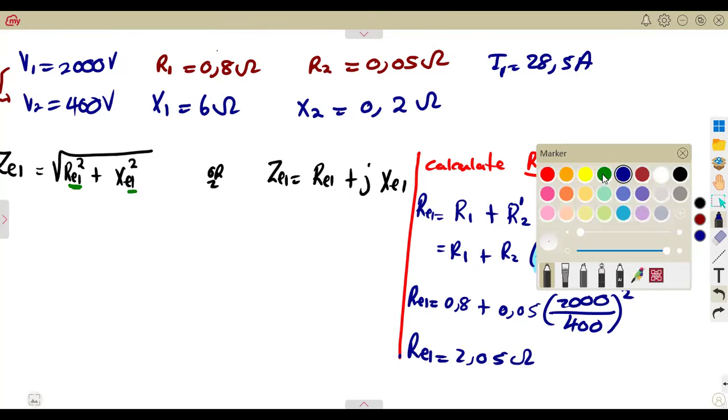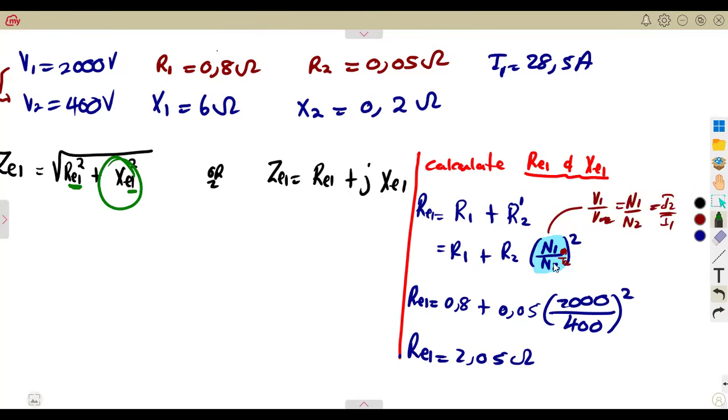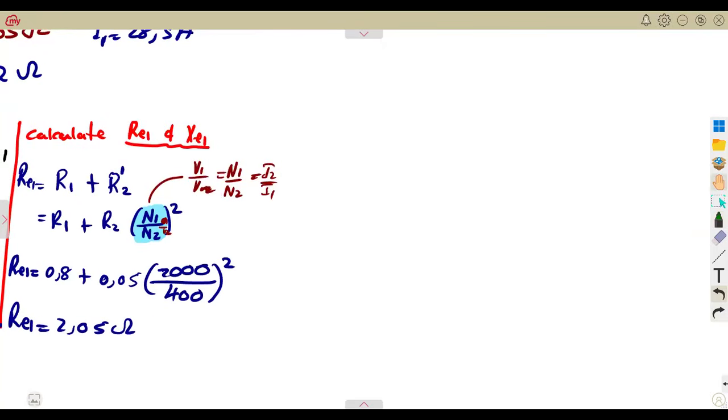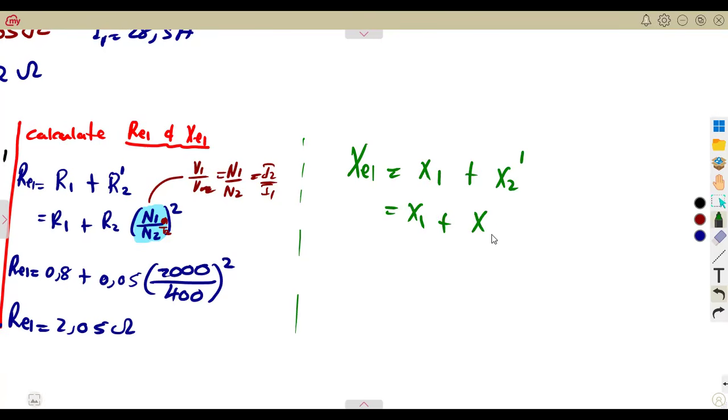The same thing, we can also calculate our equivalent reactance XE as referred to the primary side. It can be calculated by considering X1 and X2 bar, which is going to be X1 plus X2 as it is, times N1 over N2 squared.